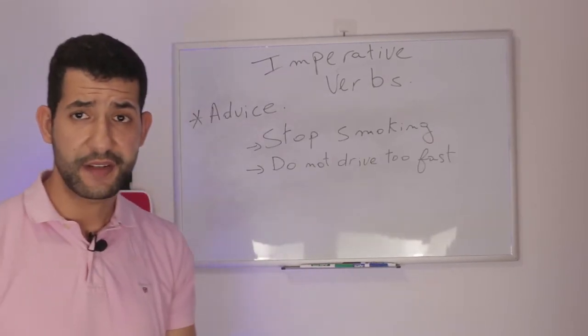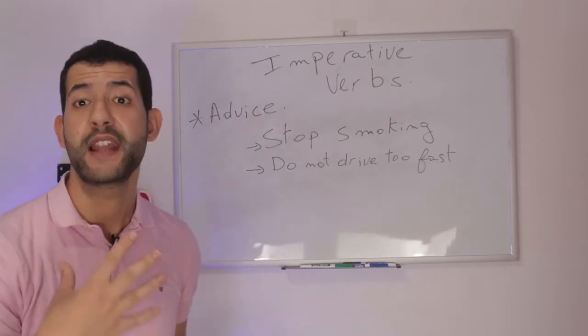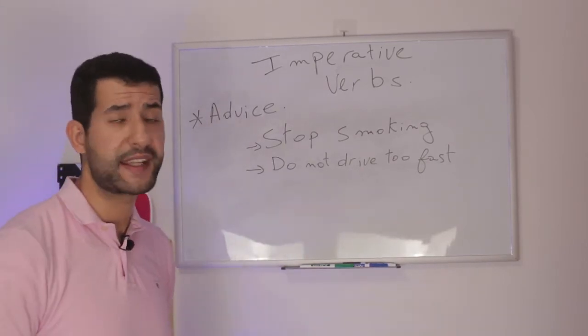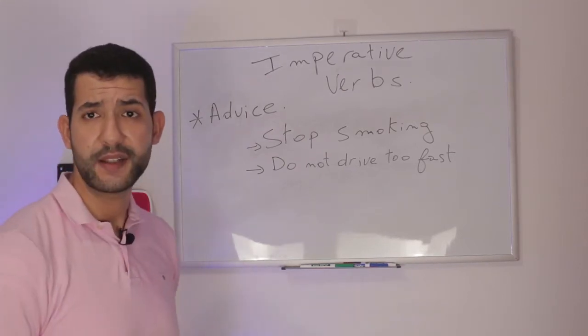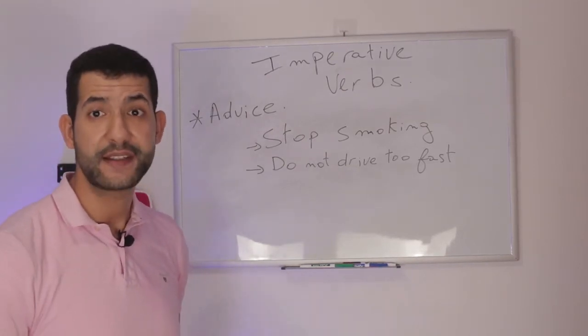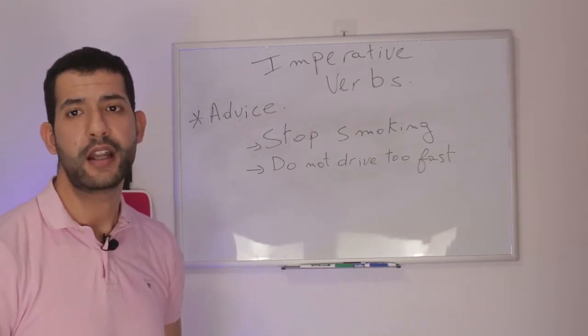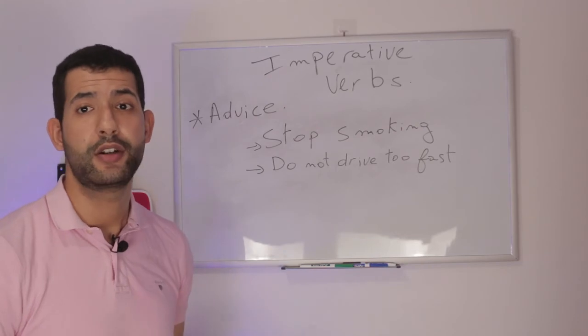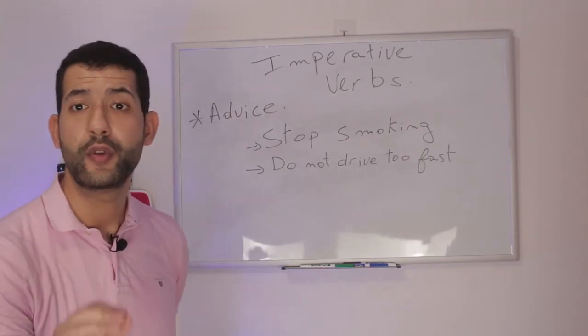We also use imperative verbs to give advice. This is in fact a common use of imperative verbs وكنستعملوهم باش نعطيو النصيحة. I have here a couple sentences. The first one is stop smoking. So I would like to advise my friend to stop smoking. I would say stop smoking, it's not healthy, it's not good for you. Or I can say do not drive too fast.